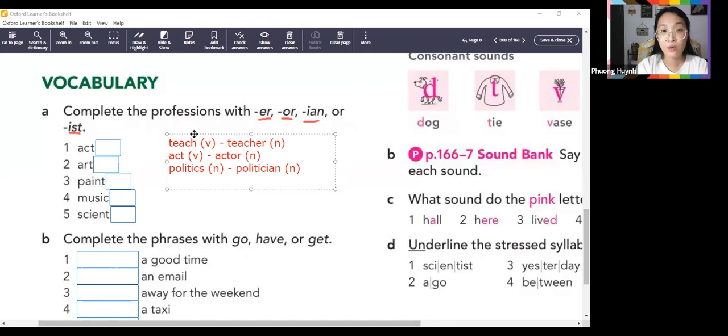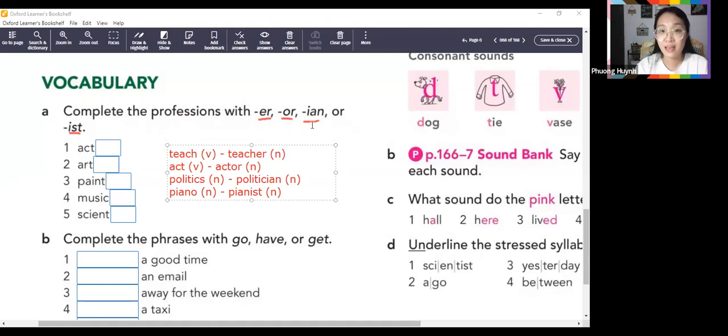Hoặc là cô có chữ piano, là đàn piano. Rồi thì mình có người chơi đàn piano là pianist. Rồi thì khi chúng ta chỉ cần thêm đuôi or, ian hoặc ist thì bạn sẽ ra một danh từ chỉ nghề nghiệp ha.